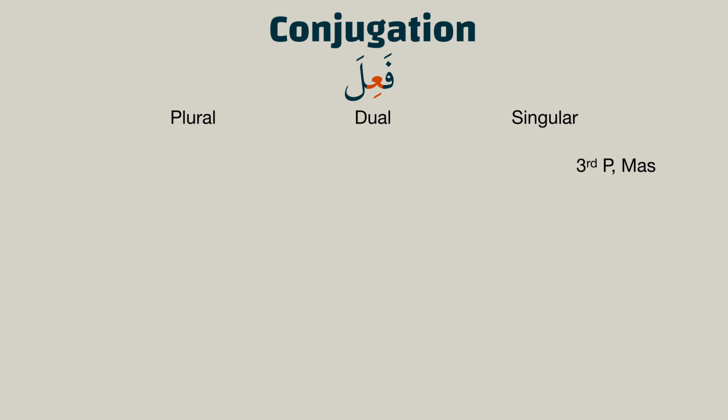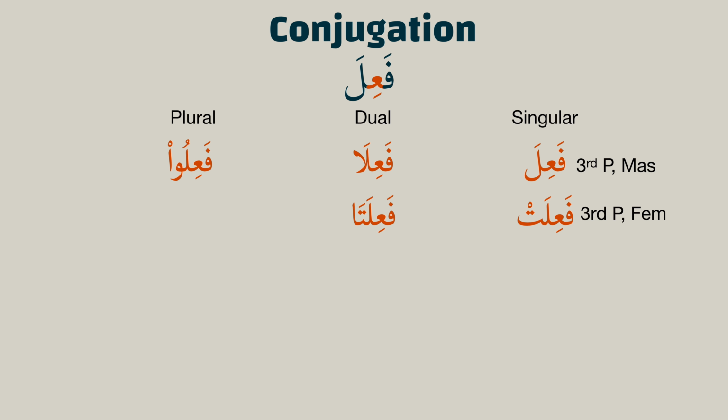Let's start from third person masculine, which is fa'ila for singular, fa'ila for dual, fa'ilu for plural. Now, for third person feminine, fa'ilat for singular, fa'ilata for dual, and fa'ilna for plural.